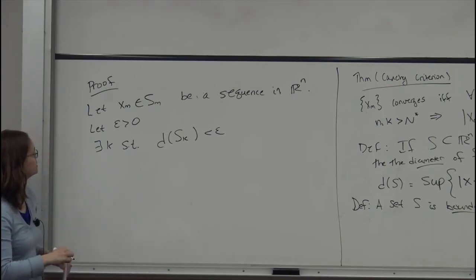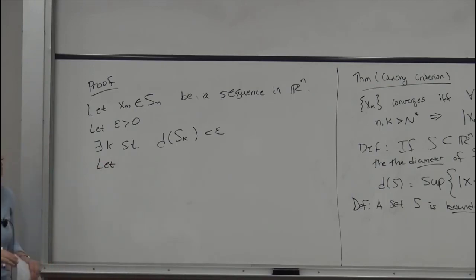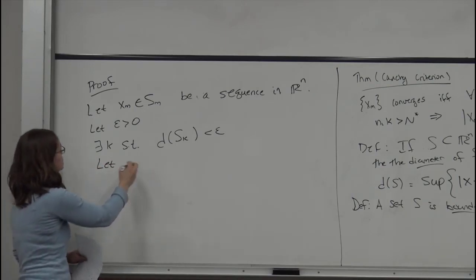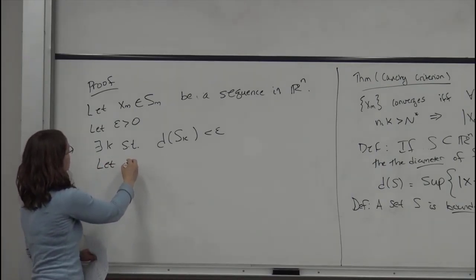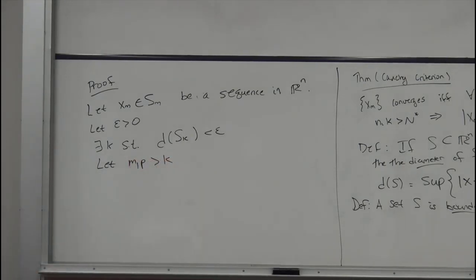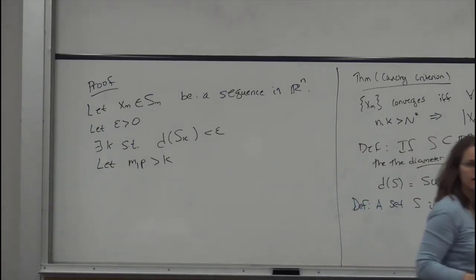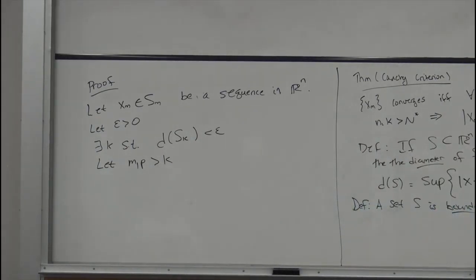Okay, so let's say m and p are bigger than k. This is where we start running into the notational issues that will continue to plague us in all of math, that we run out of letters in a big hurry and try not to reuse them.